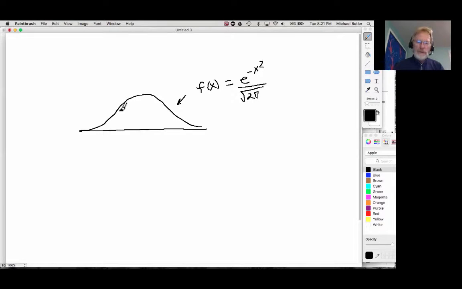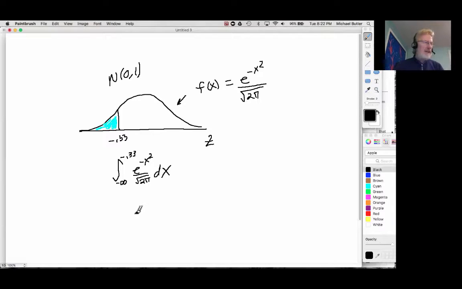So, for example, if I wanted to find the area up to negative 0.33, and I wanted to find the corresponding area, this area right here. Or again, this is Z, and this is normal 0 by 1. What I would have to do is evaluate the indefinite integral from negative infinity to negative 0.33 of e to the minus x squared over the square root of 2 pi dx.